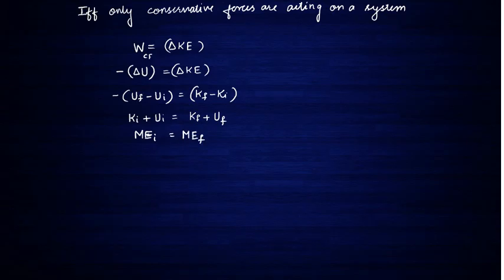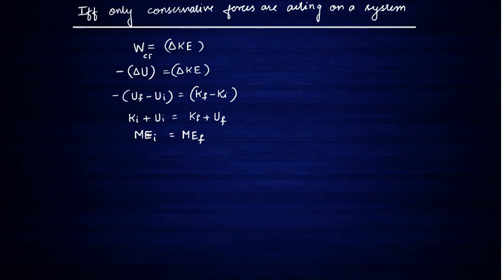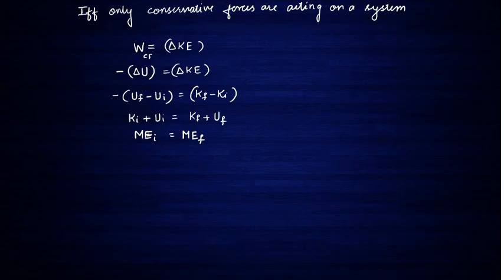So this implies that the initial mechanical energy is equal to the final mechanical energy as long as only conservative forces are acting. This is important. It is important that only conservative forces act on the system for the mechanical energy to be conserved.